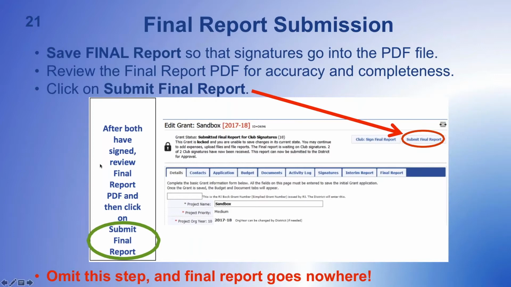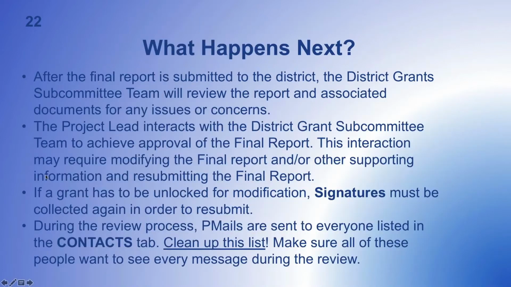So always remember, signing your final report does not submit the final report. You have to click that final button to do that, the submit final report button. And what happens next, after you've submitted your final report, is the district grant subcommittee team will review it and all the associated documents for any issues or concerns.